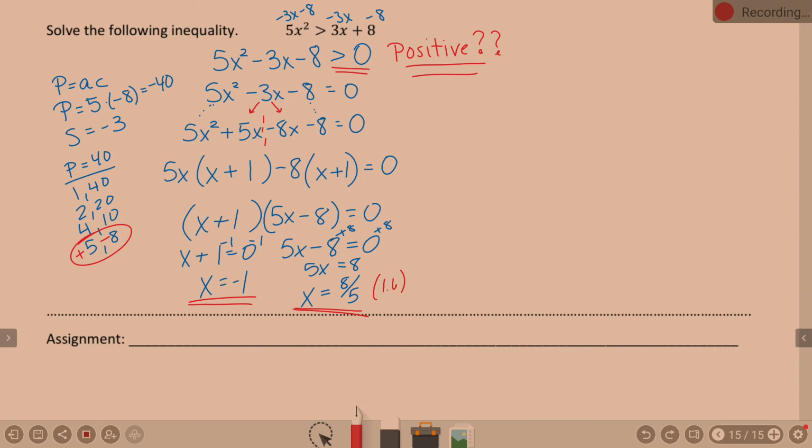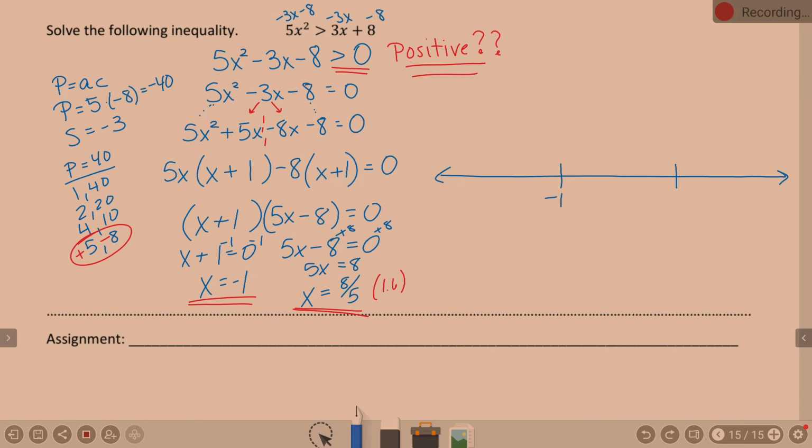Now, set up your number line. Which value am I putting first on my number line? Negative 1.